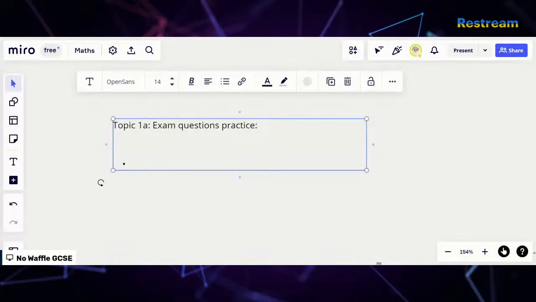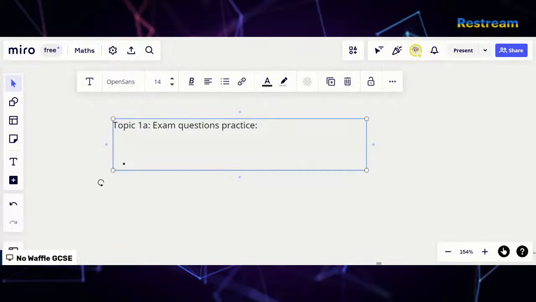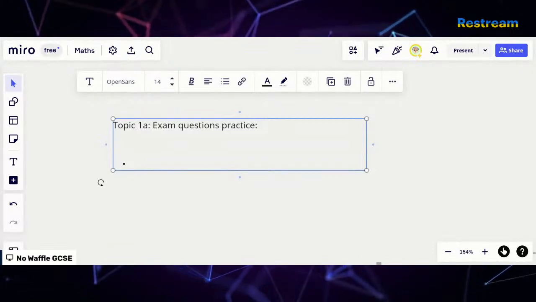Okay, so I was unable to get the document with the exam questions up, so I'm just going to show you on here and type them as we're going across.